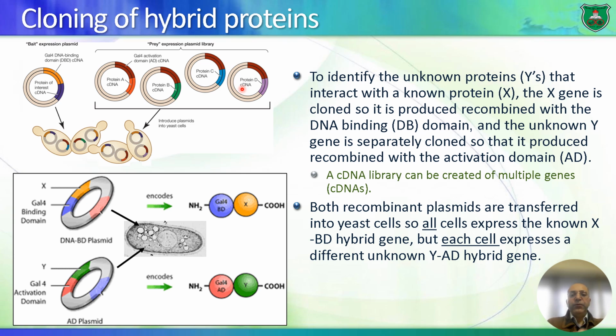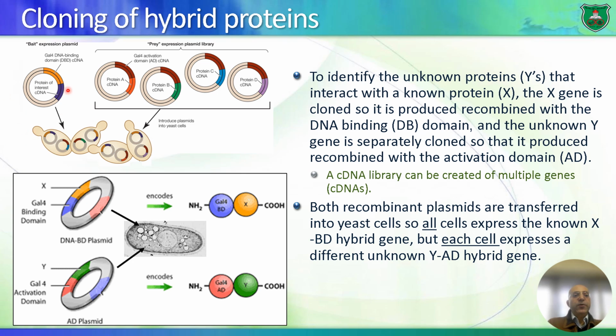Each protein is produced with the activation domain of Gal4. And I have one single plasmid that can produce protein X, and this protein X is produced as a recombinant protein with the DNA binding domain of Gal4. So we take this and we introduce it into yeast cells.